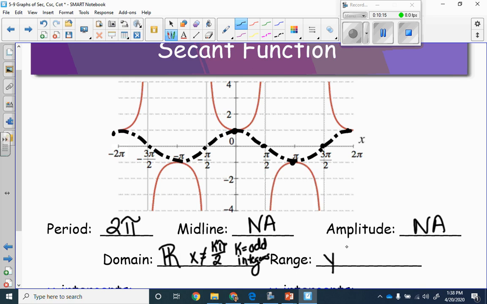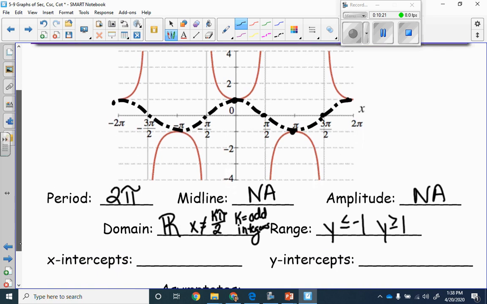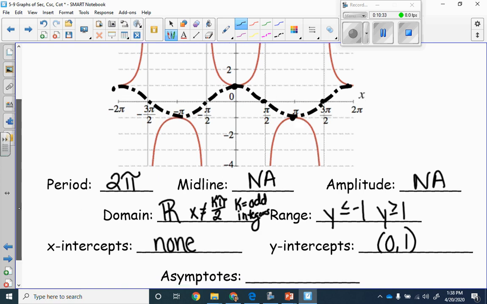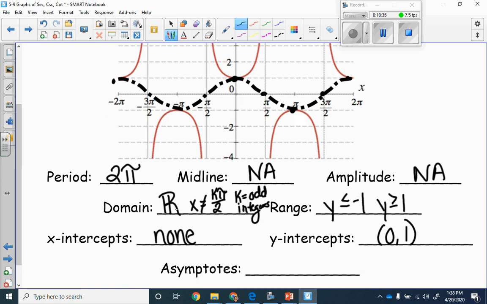Our range will be y values that are less than or equal to -1, or y is greater than or equal to +1. As far as x-intercepts, there are none. There is, however, a y-intercept, and that is going to be at (0, 1). And our asymptotes are going to be where our domain does not exist, so when x equals k pi over 2. So once again, k is an odd integer.